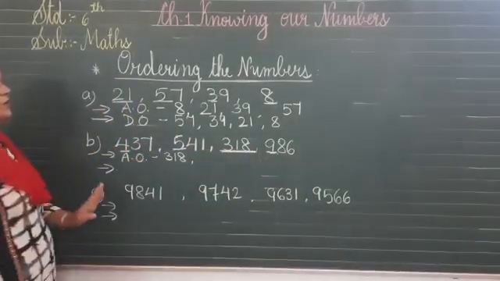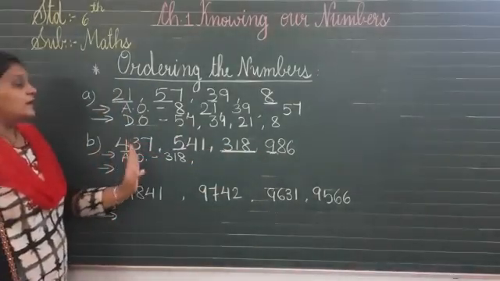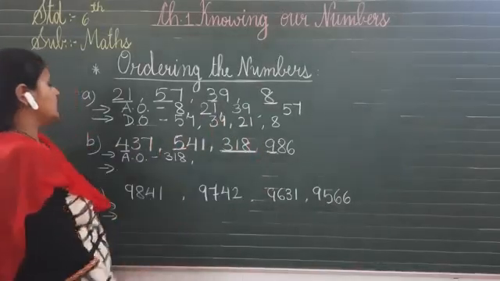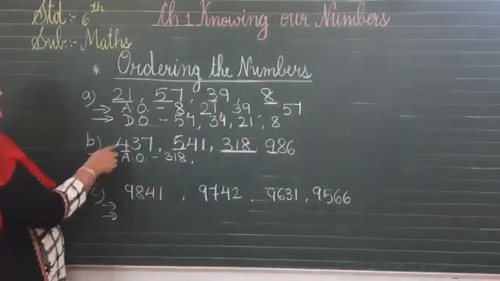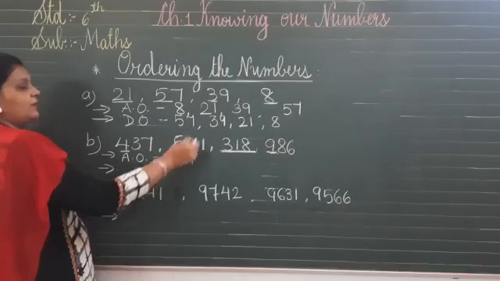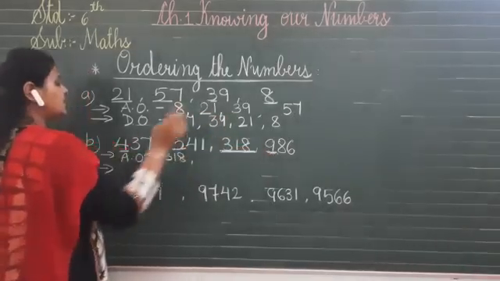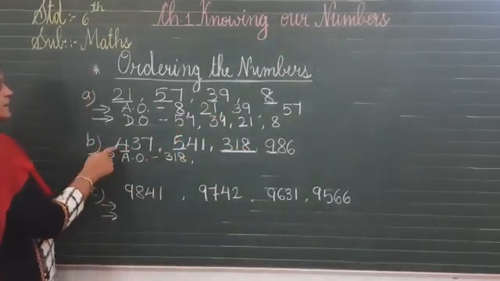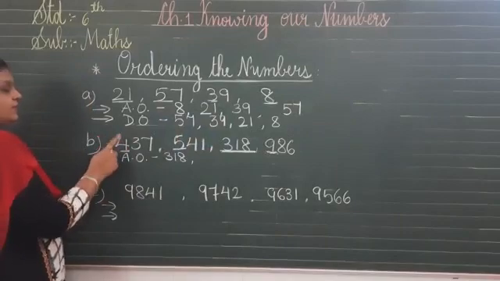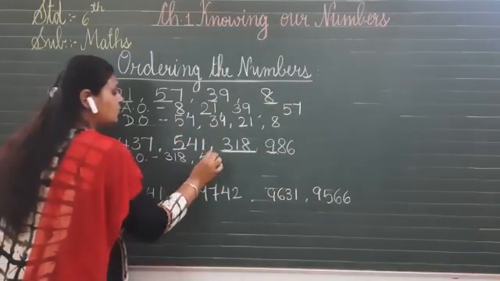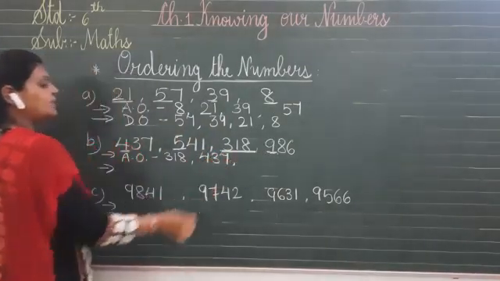Now I need to compare the rest of the three numbers: 437, 541 and 986. Out of these numbers, 437 is smaller. So 437.